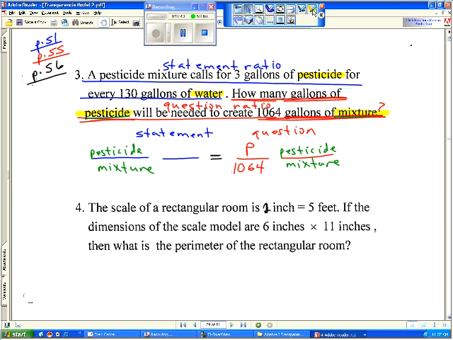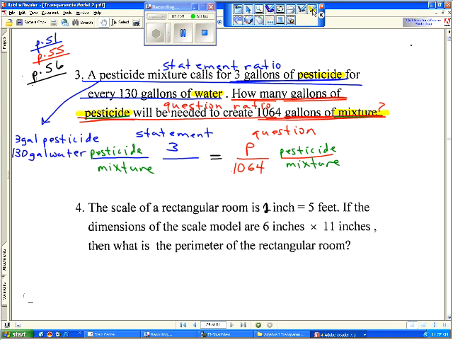Okay? All right. In the statement, how much pesticide? 3 gallons. In the statement, that's the blue, not the red. In the statement, how much mix? 133. We got to add the ingredients, right? 3 gallons pesticide, thank you. 3 gallons, that'd be some strong stuff. 3 gallons of pesticide, 130 gallons of water.